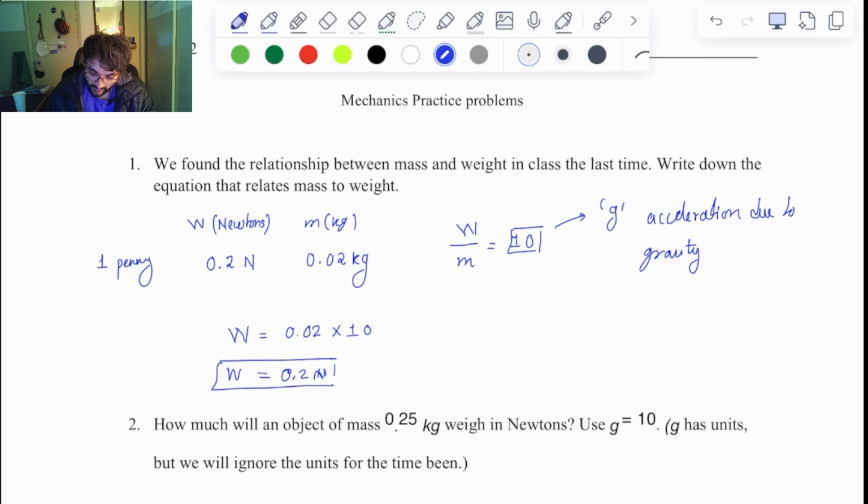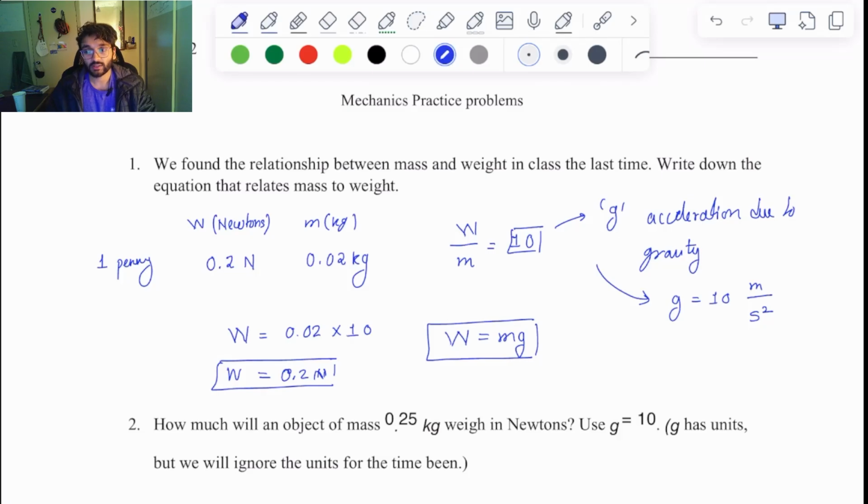And we now have an equation that is W equals mg, where small g is 10. If you're interested, the unit is actually meter per second square, but that might not be important for you just now. But if you multiply that factor 10 by mass in kilograms, you get weight in newtons.